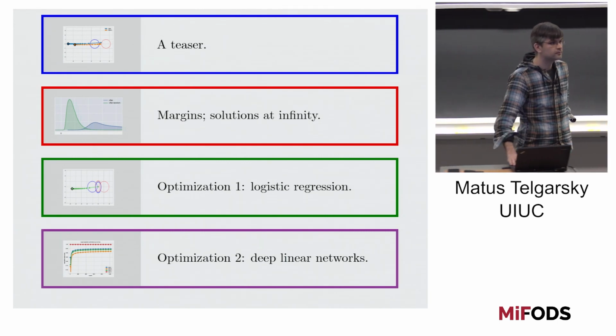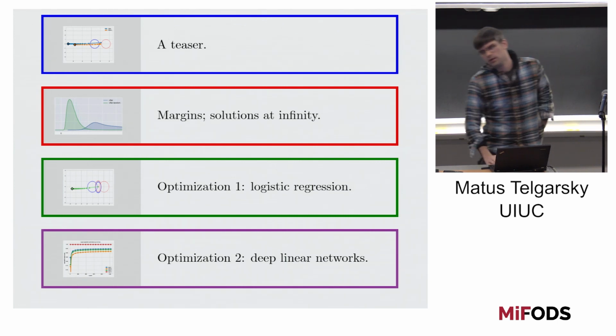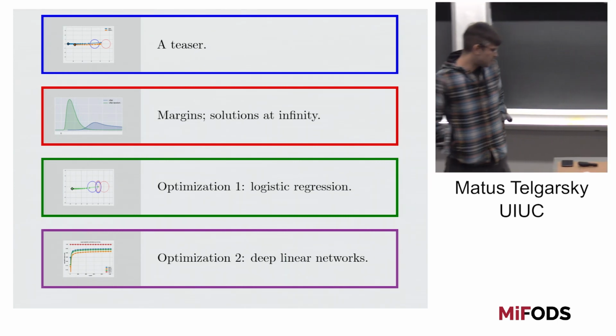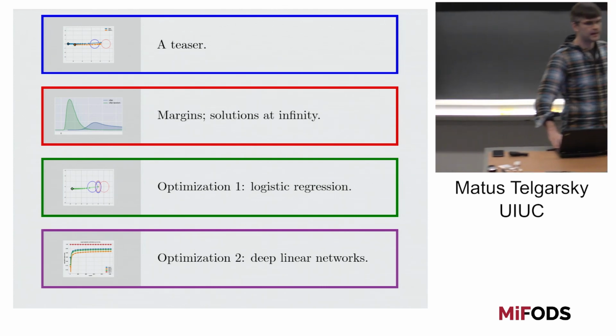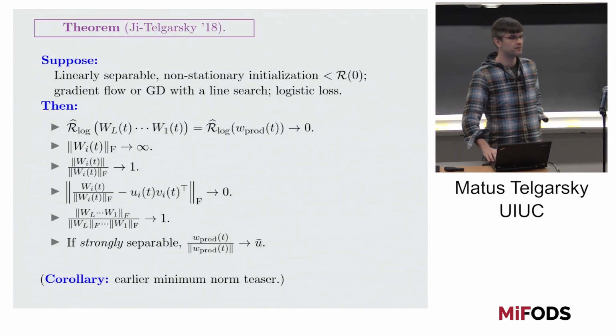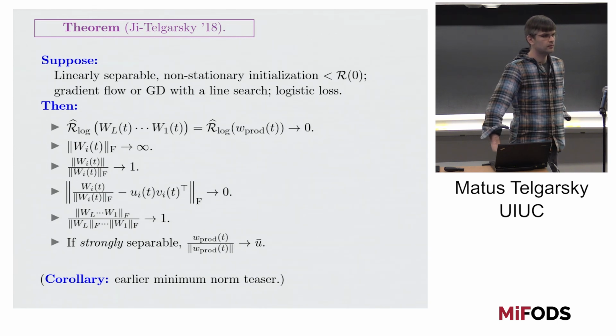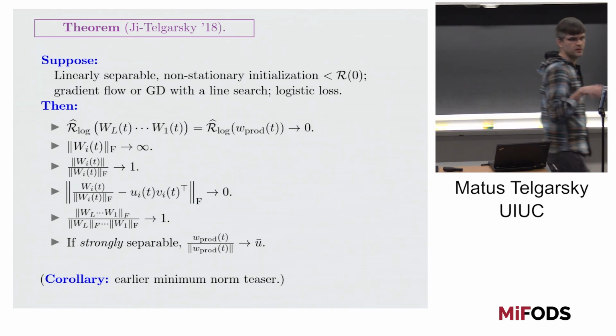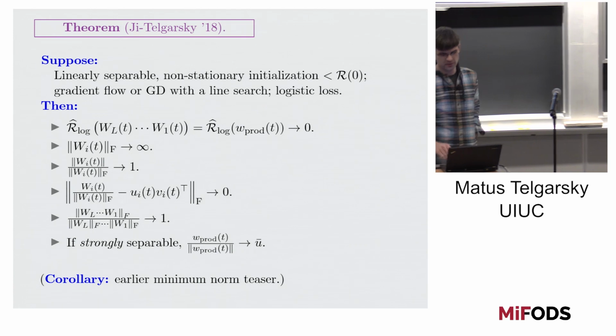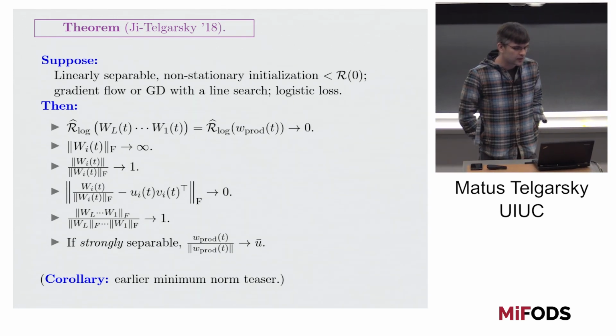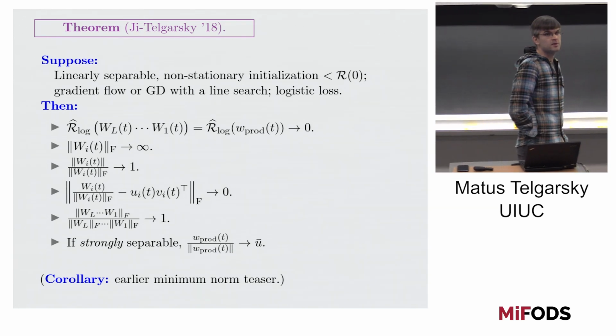Do you know what happens if you have multiple output units? Yeah. Maybe I should repeat the question. So the question was: this is in the binary classification, what happens in multi-class?